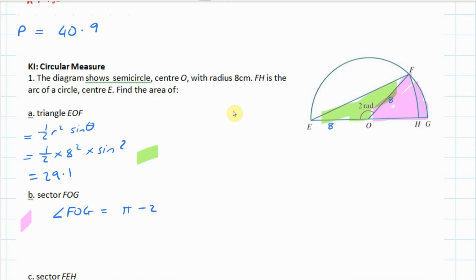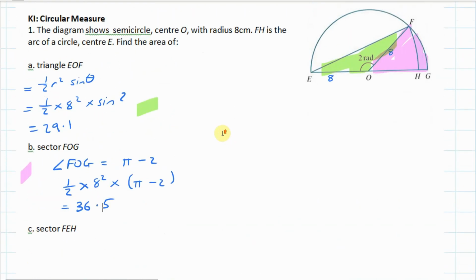And the area of a sector is half r squared theta, so half times 8 squared times pi minus 2, and this is giving me 36.5. I'm going to save that into my unrounded numbers as well. So I'll save that as B.